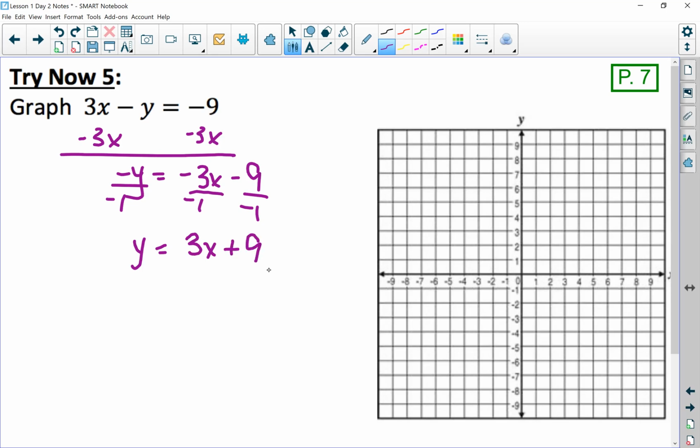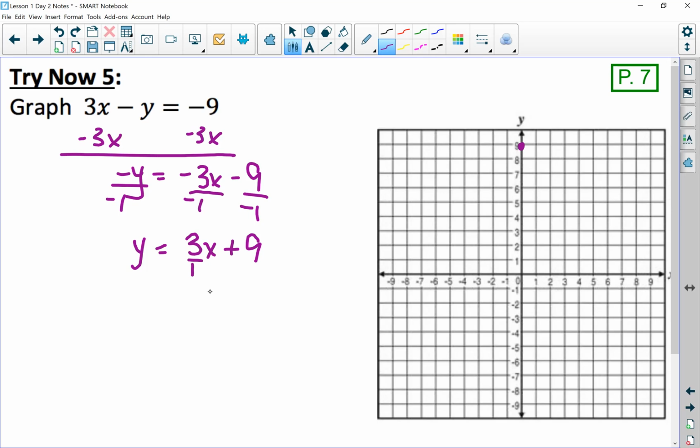Now, when you graph the y-intercept like we did yesterday, the slope is 3. So I can't go up 3/1, because there's not enough room. This is where I have to think about moving negative.